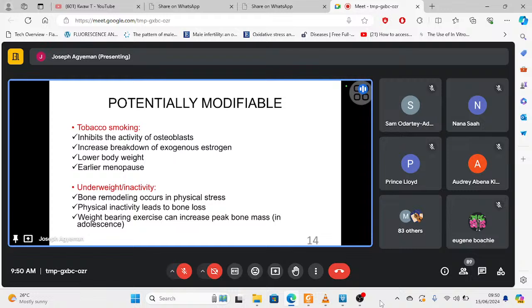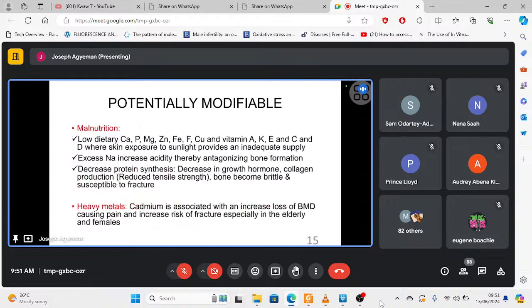Of course, any organ or any part of the body that doesn't work will atrophy. So it's not surprising that once you have limited activity in any bone, then that bone will also reduce in size. Once you have a reduction in size, small stature, remember, you can easily break it. So that becomes a risk factor for osteoporotic fractures.